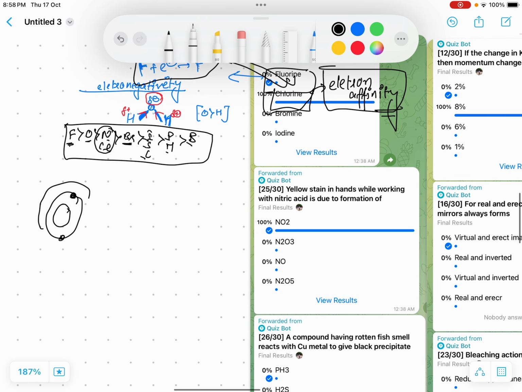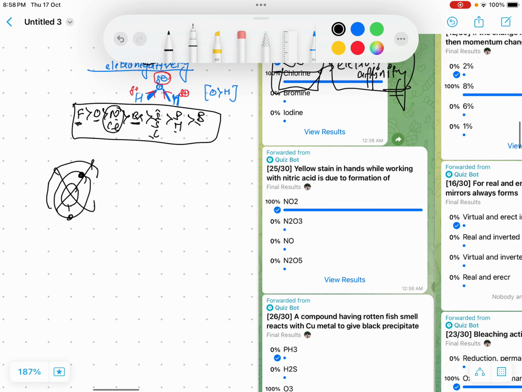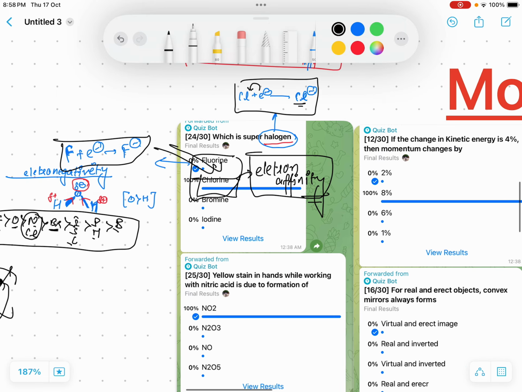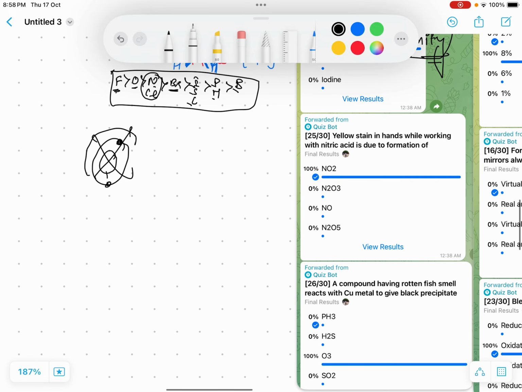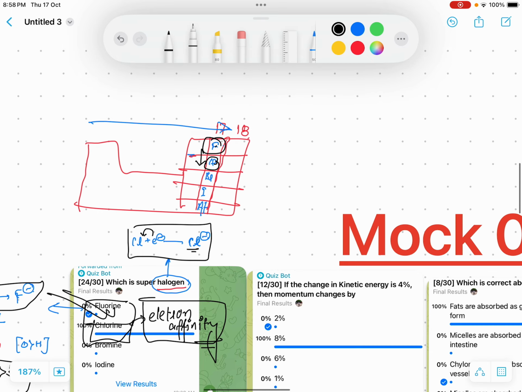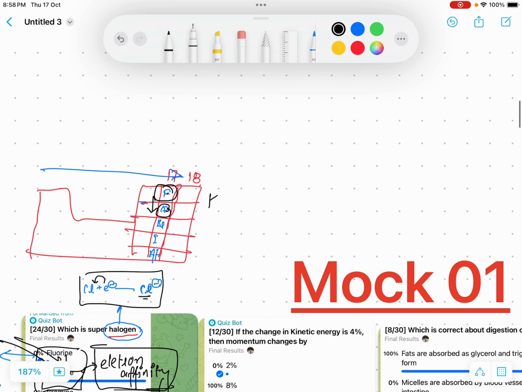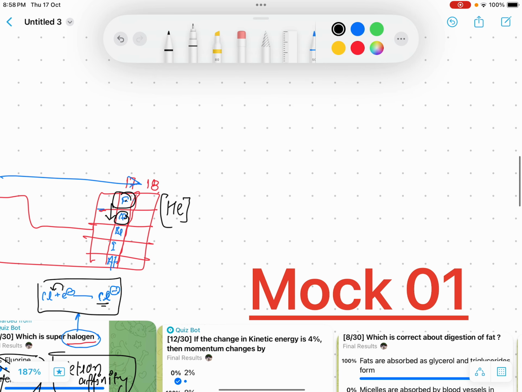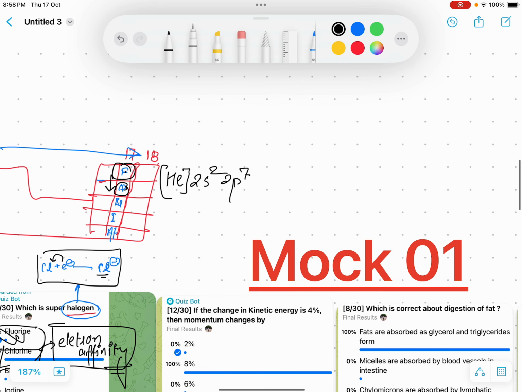Okay, let's draw the electronic configuration. What is the electronic configuration of fluorine? It is helium 2s2 2p5.